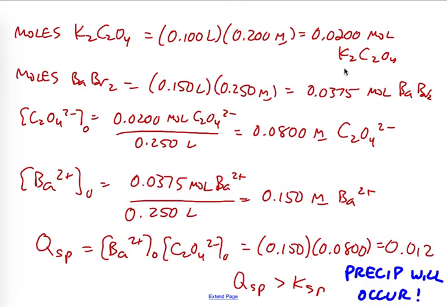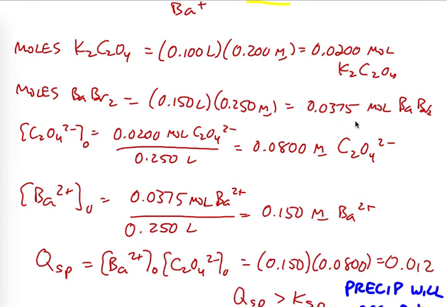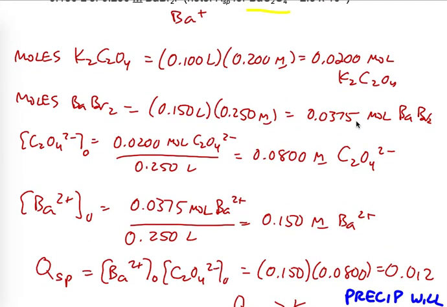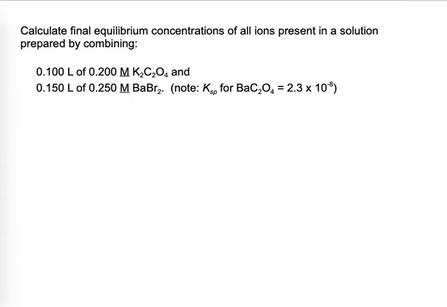We're starting with 0.0200 moles of oxalate and 0.0375 moles of barium 2+. Oxalate is the limiting reactant, which means that barium will be present in excess. So let's do the stoichiometry and equilibrium calculations to see what's left.